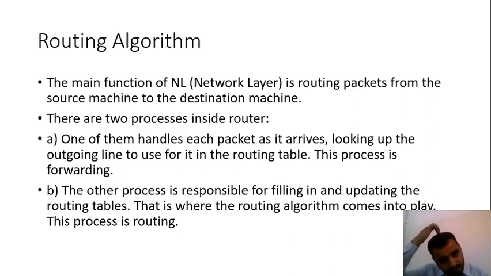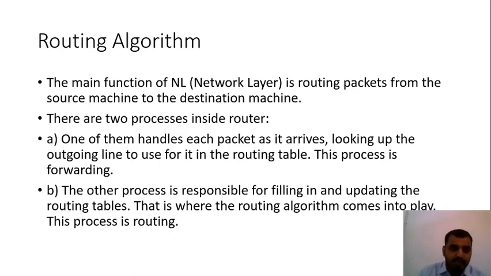The other process is responsible for filling and updating the routing table. That is where the routing algorithms come into play. This process is called routing. Routing means that for a packet which has arrived on the network, where it is to be sent is decided by this process. Also, when it sends on a different line, it stores that information, so that when another packet comes, it can reroute accordingly.